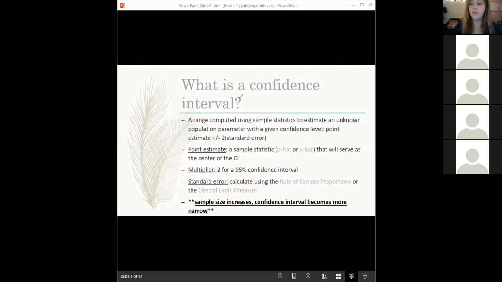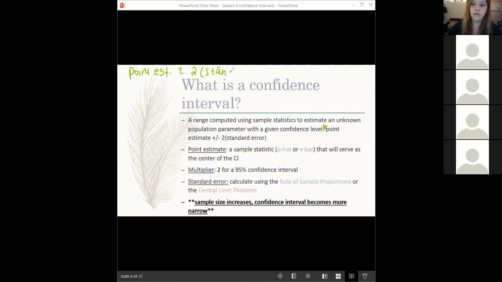I want this written out differently, just so you see it. So we have our point estimate, and then plus or minus 2, times our standard error. That's the equation you use to find your confidence interval.